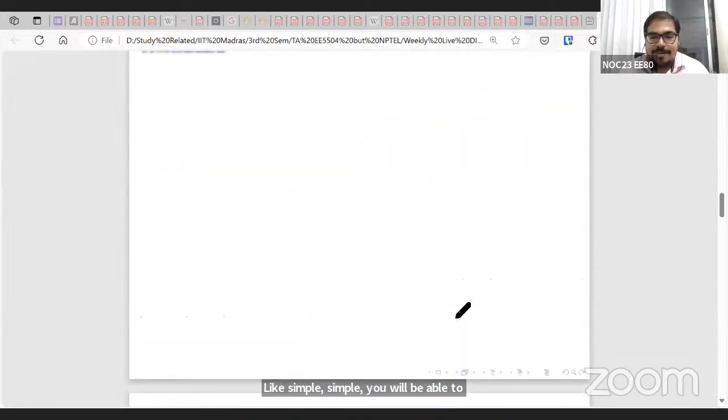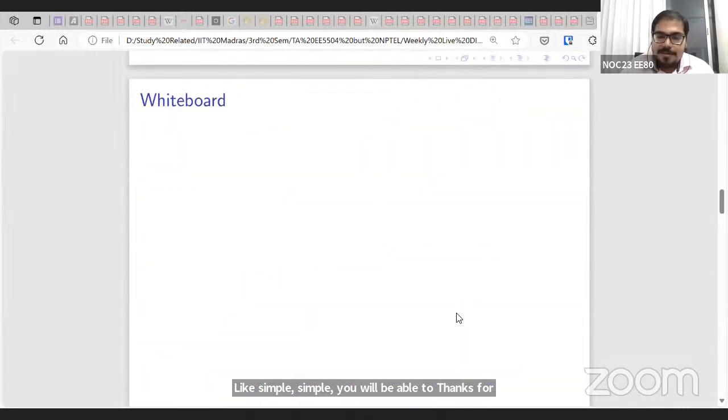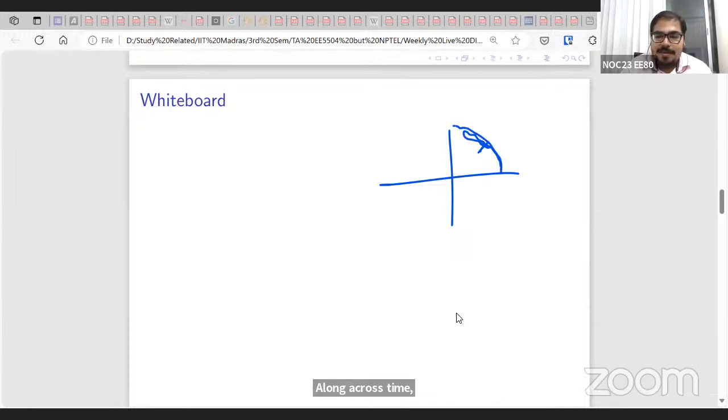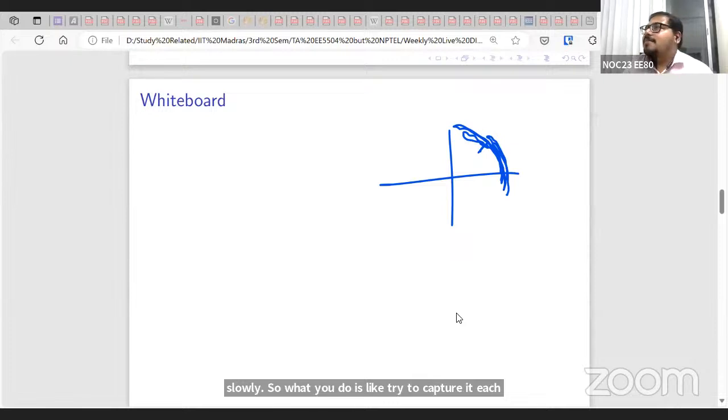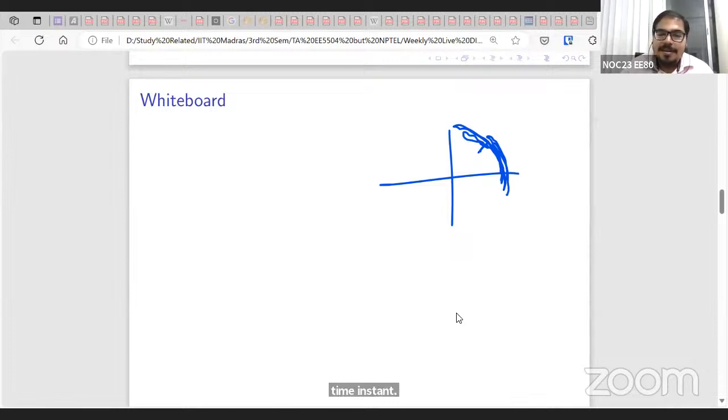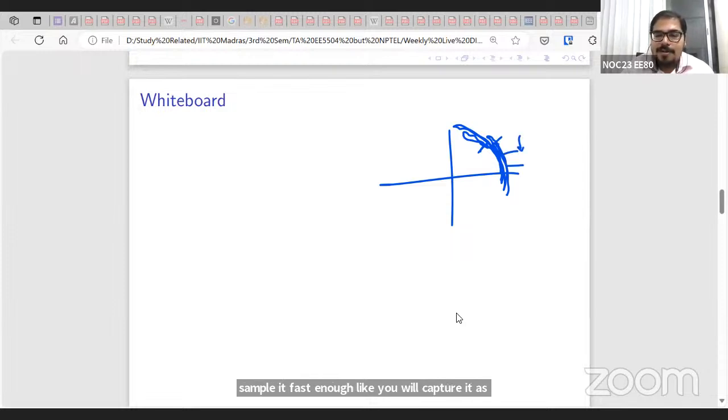For example, in a constellation, due to your phase noise, your constellation point across time keeps varying slowly. So what you do is try to capture at each time instant what is the error that is being incurred, and if you sample it fast enough, you will capture it as it moves only a small amount, and you continuously correct for it.